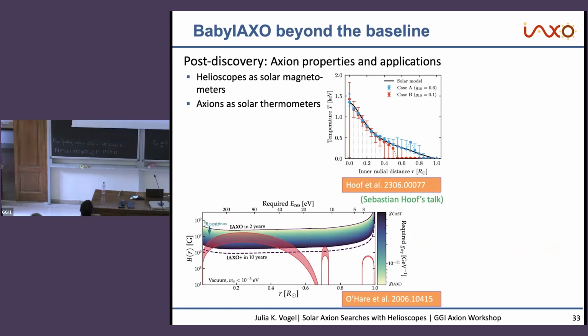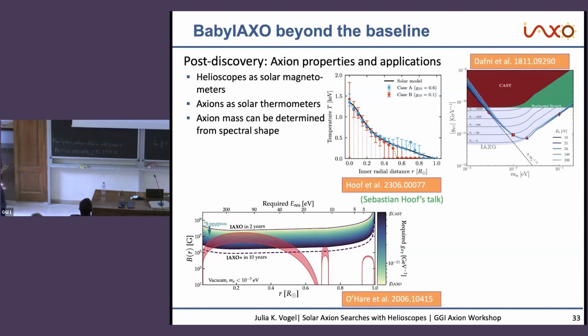For this, we would probably need to upgrade our optics and detectors to have better spatial resolution, because we need to know the origin of these solar axions that we detect. Currently we're just interested in seeing the big blob with our optics and detectors.